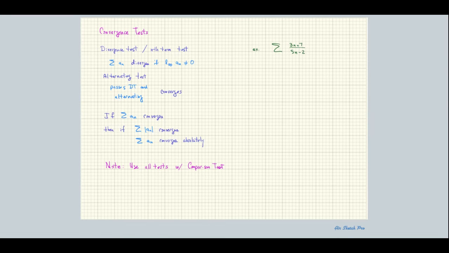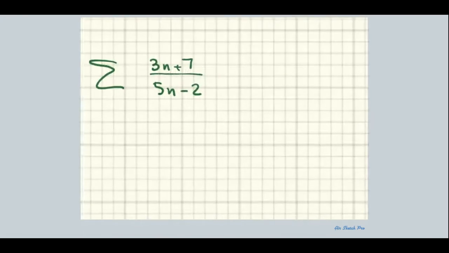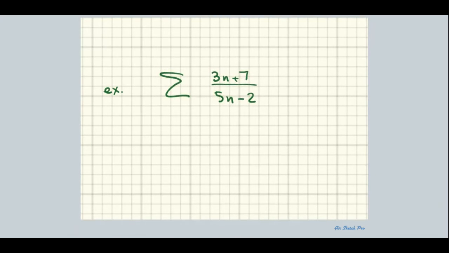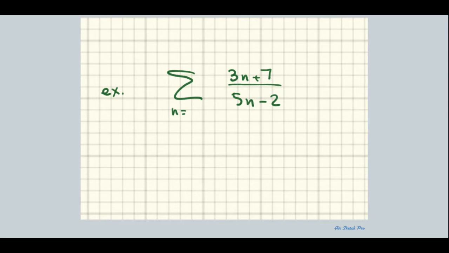I haven't got to a p-test yet. We're just looking at this right here. Now, let's look at this. This, of course, is always going from n equals 1 to infinity.